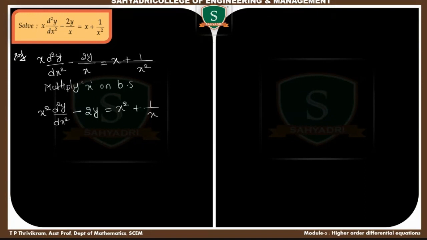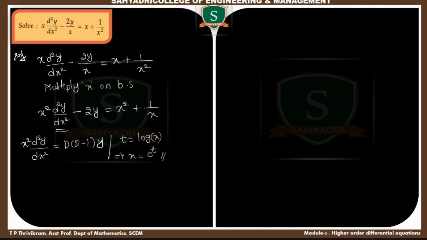Now apply substitutions. x square d square y by dx square must be replaced with d into d minus 1 into y. Only one term is there having derivative here. So t is equal to log x implies x is equal to e power t.